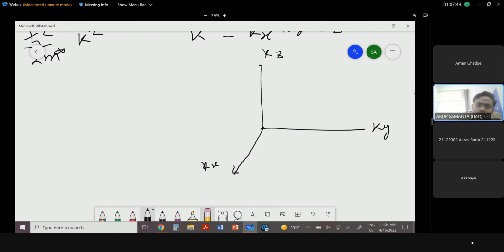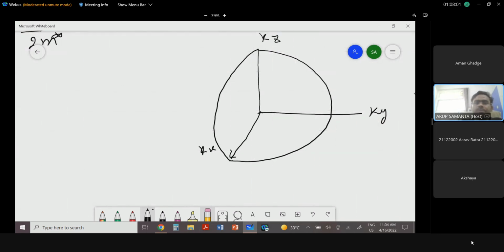Let's assume I just open one corner of the football, which has some thickness. So this one is k, and this shell thickness is dk.